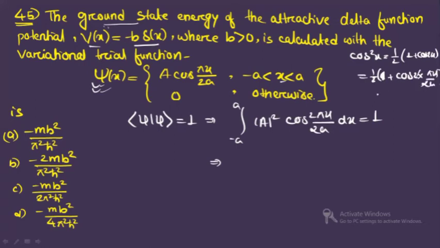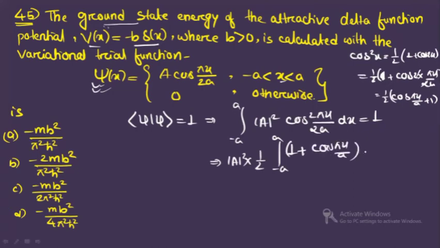So 2 and 2 will get cancelled and you will have 1 by 2, cos(pi x by a) plus 1, right? So from here, I take mod of A squared outside with 1 by 2 the constant term outside, integration minus a to plus a, 1 plus cos(pi x by a) dx equals 1, using the trigonometric formula. So this is what we will have here. Now simply you have to do the integration.